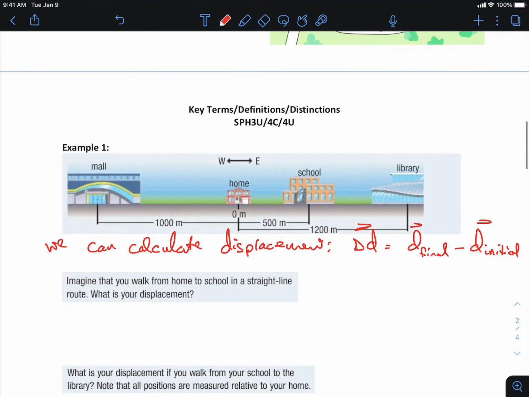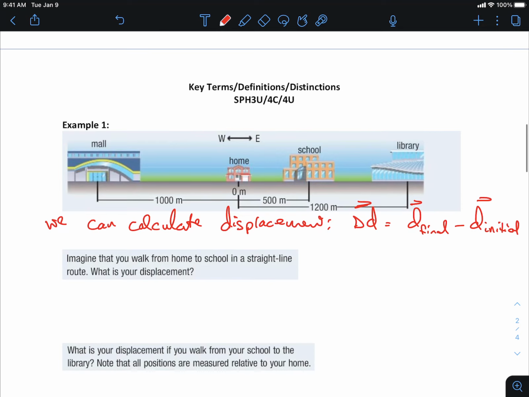Okay. So let's suppose we were going to walk from home to school, right? So here's home here. Now the other thing you're going to see as we get more and more into the physics is that it's critical, from the standpoint of vectors, that we have directions, some form of reference frame, in terms of a Cartesian grid, right?